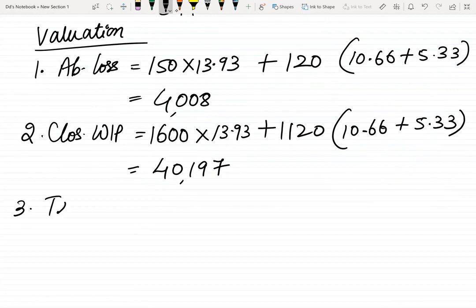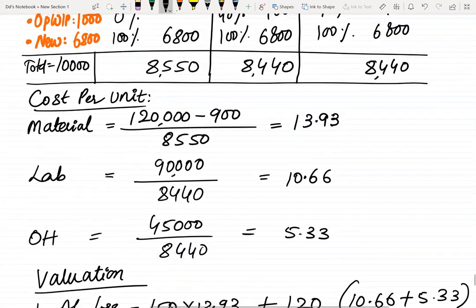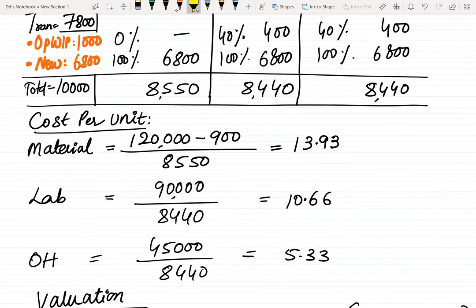Third one is transfer. Remember, you are in FIFO method. That means when you write transfer, you have to first carry whatever has come from the previous period, because that also you will be transferring. How much was that number? Go to process account. Opening WIP you have taken on the debit side. That number is 11400, plus how much did you spend during the current period. For that you have to go to step 1. Look at this, 0, 400, 400.